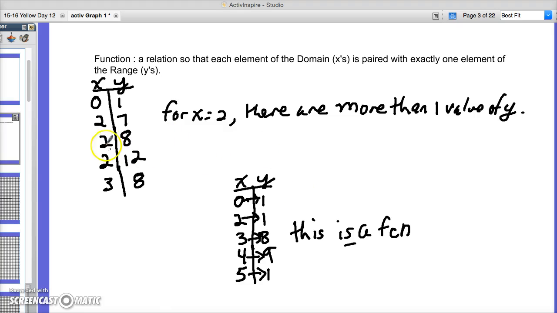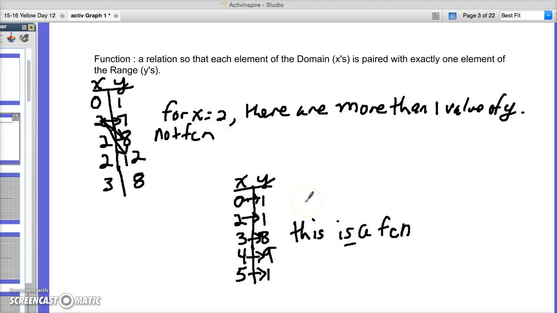So up here, notice that for this value of x, 2, there's actually 3 different values of y. So it is not a function. Not a function. Okay, this one is a function. For every x, there's exactly one y.